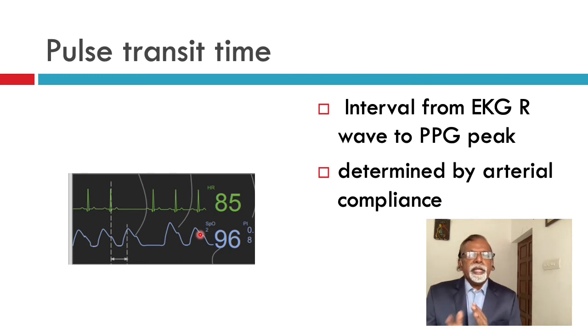And this is an indirect evidence of arterial compliance. By looking into the waveforms, that is the PPG or photoplethysmograph, we can have some idea regarding the cardiac activity. What is the peripheral arterial compliance? What is the cardiac output?